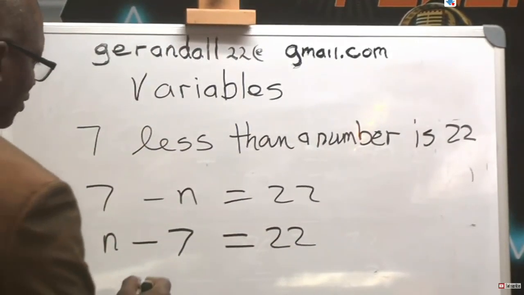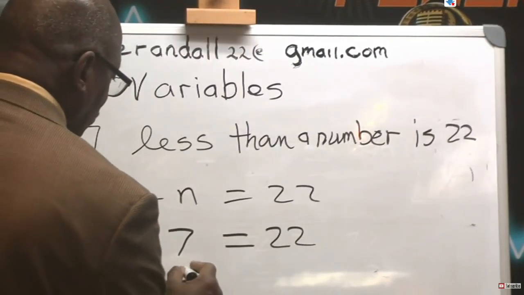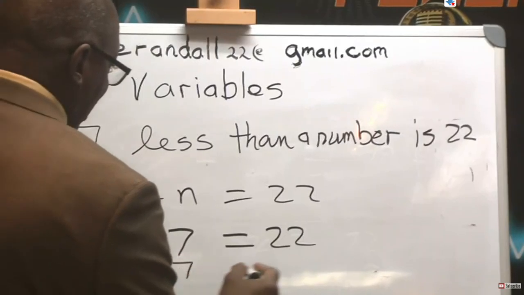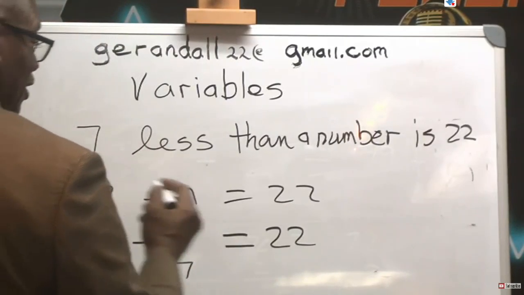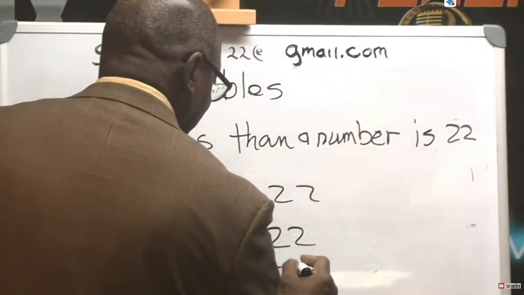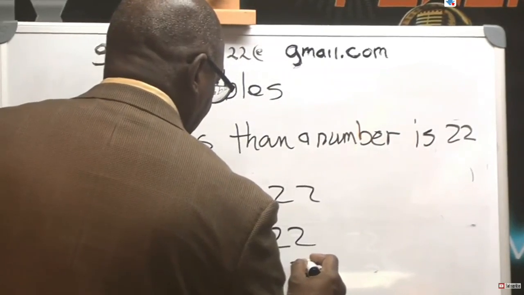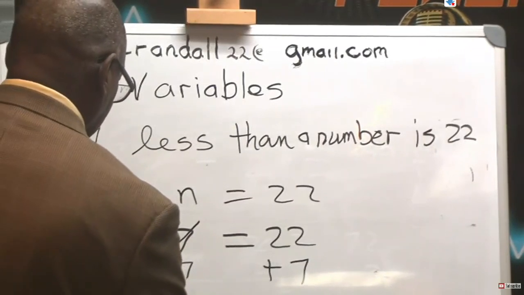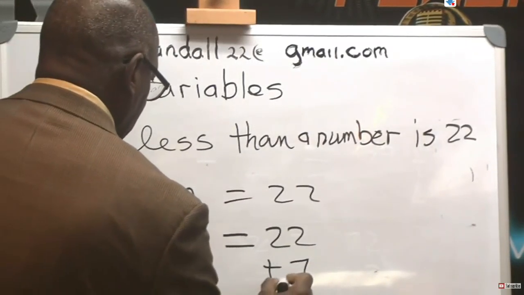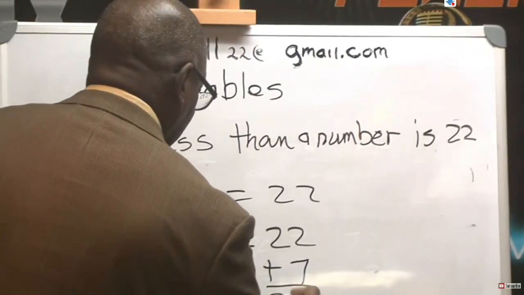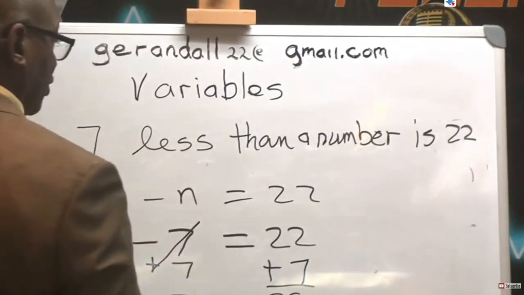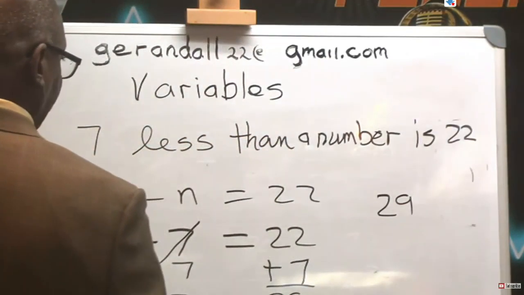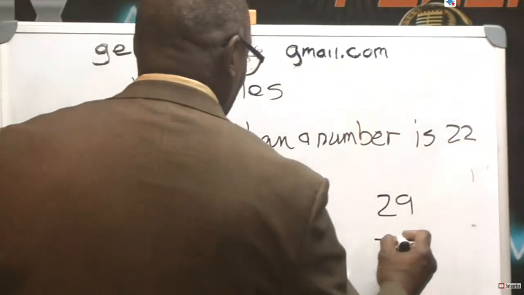And guess what? Real quick, we'll solve this one-stepper. How do you undo subtraction? You add. Whatever you do to one side, you must do to the other. This cancels. Then you have n, and over here, 29. Check that real quick. 29, which is what we put in for the value of n. Subtract 7.